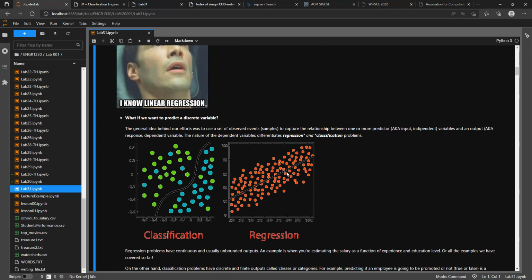So regression was trying to fit a curve that has the least amount of error. And classification is, we want to be able to draw a curve somewhere that gets the most of one type on one side and the other type on the other side of the curve.